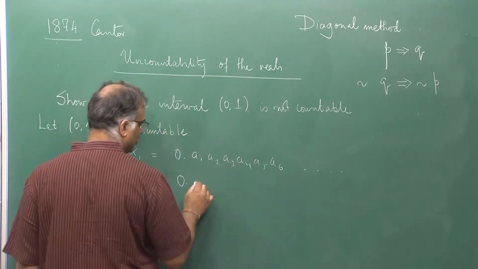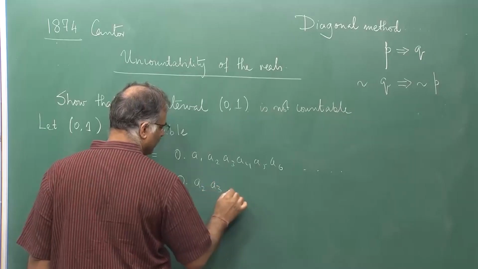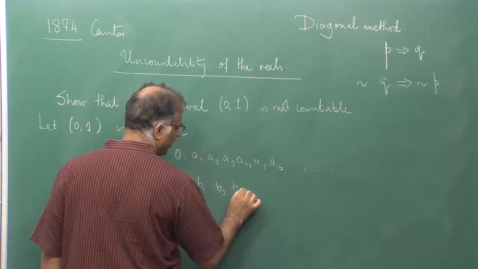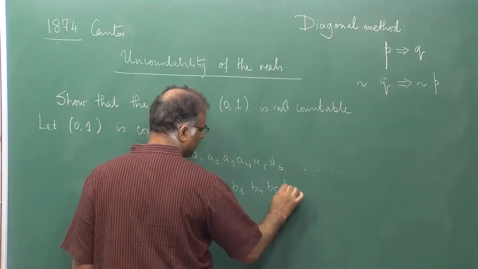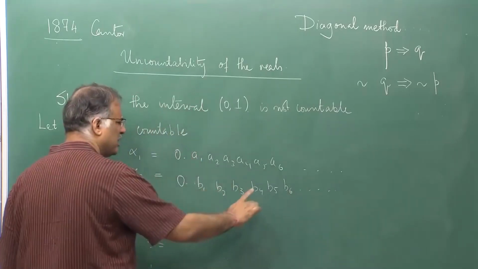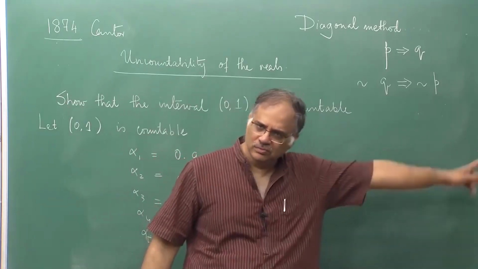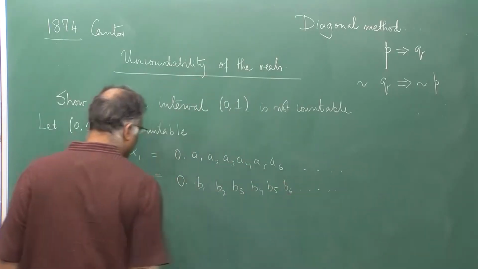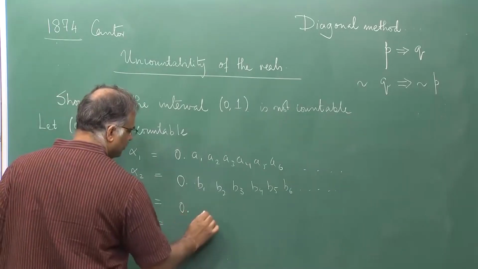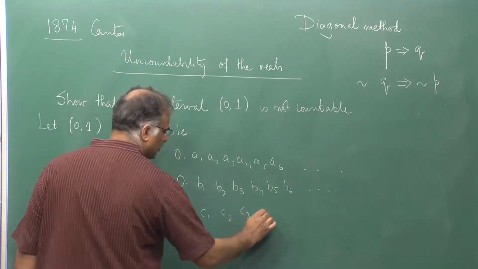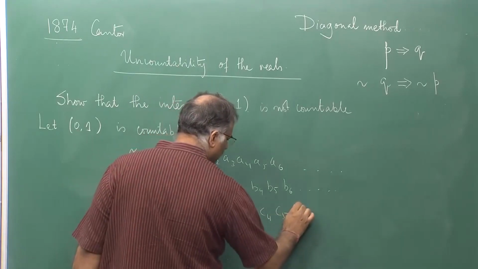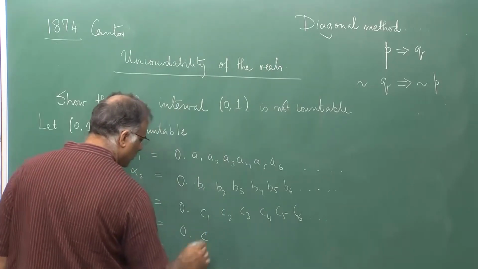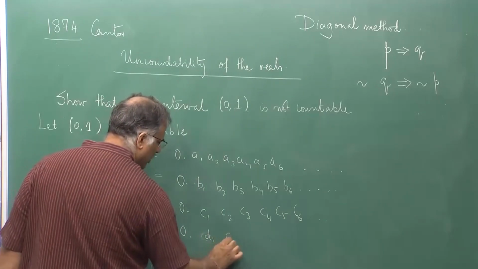So for things which are terminated, we can write 0, 0, 0, 0 in the places after it terminates. So I'm doing B1, B2, B3.